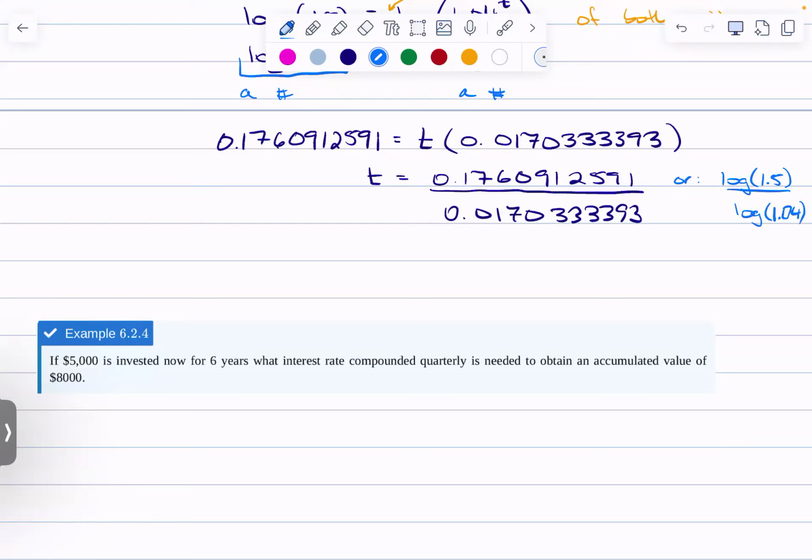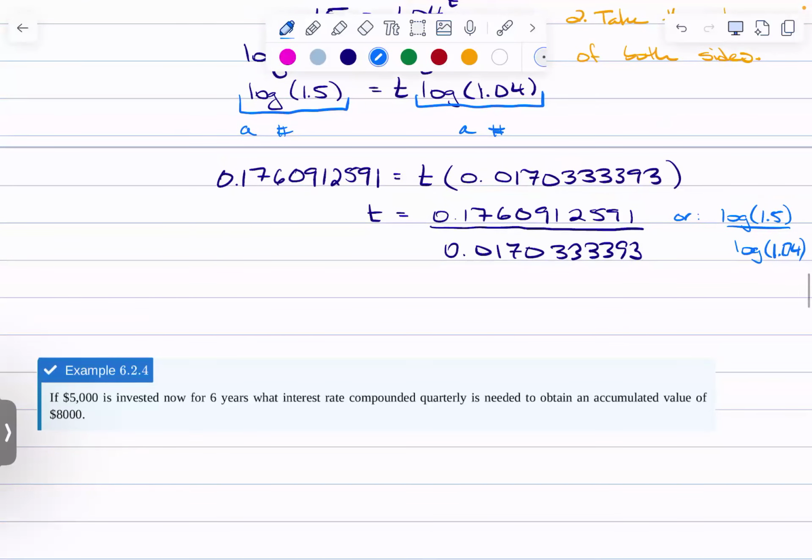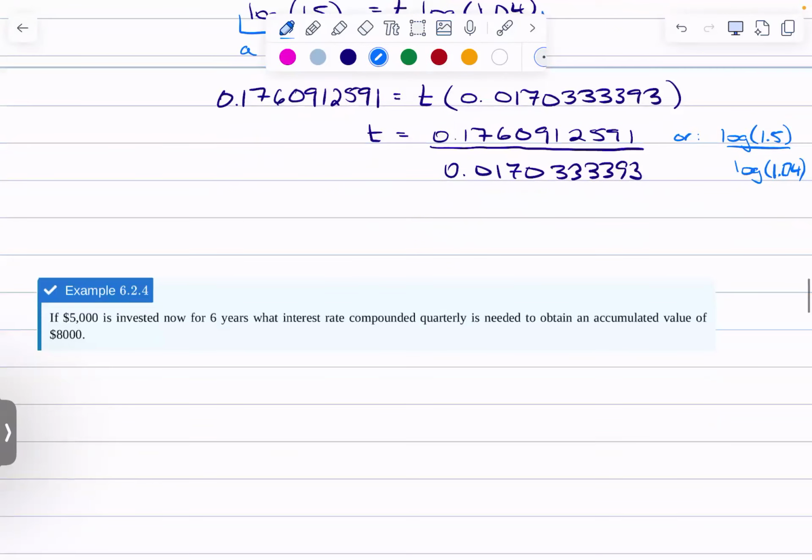But if you were quick to get rid of those logs, that's fine. I get a T of 10.338033507 years.